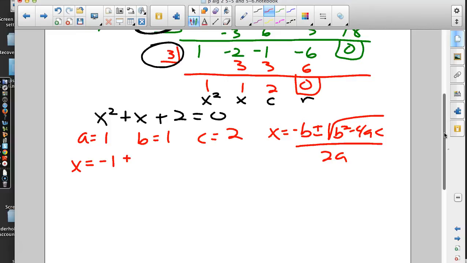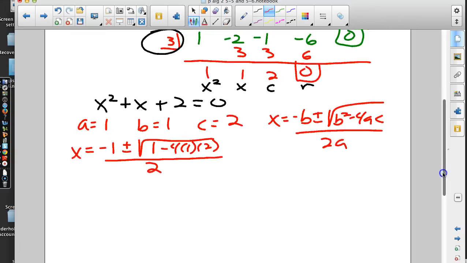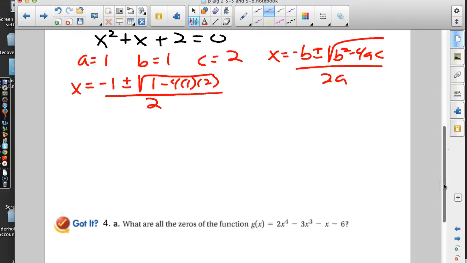-1 plus or minus the square root of 1 squared is 1, minus 4 times 1 times 2, all over 2 times 1, which is 2. Now it's just that nasty radical that we need to deal with. So x equals -1 plus or minus the square root of 1 minus 8. 1 minus 8 is?